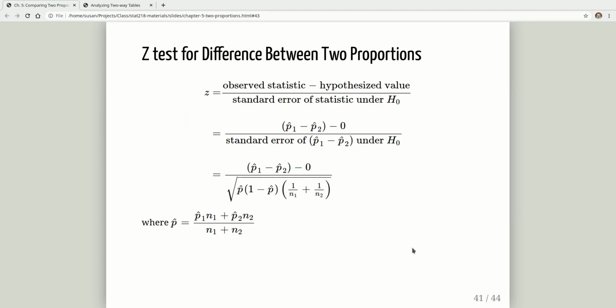So if we substitute this back in, we get our z statistic to be p hat 1 minus p hat 2 divided by the square root of pooled p hat times 1 minus p hat times our pooled sample size. It's relatively simple. This p hat calculation looks scarier than it is. Remember, it's just the total number of successes in both groups divided by the total number of observations in both groups.